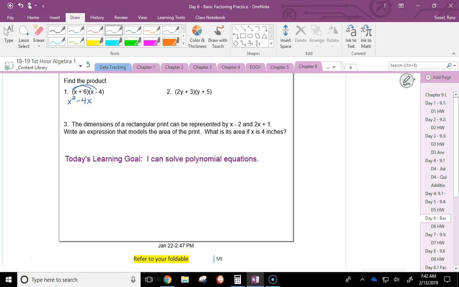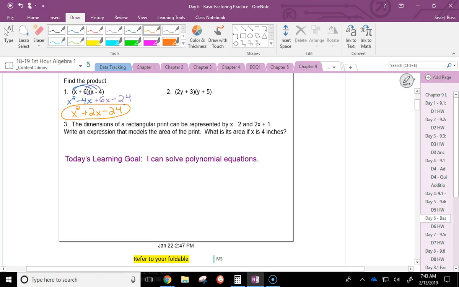Then I do 6 times x is 6x. 6 times -4 is -24. And then we combine like terms. -4x plus 6x is 2x. And that should have been our final answer.